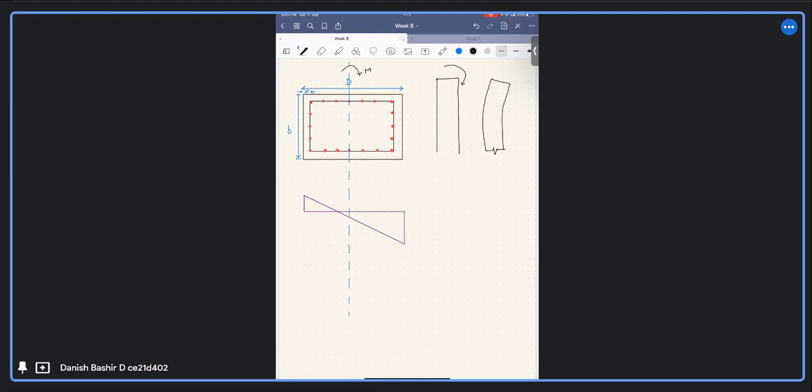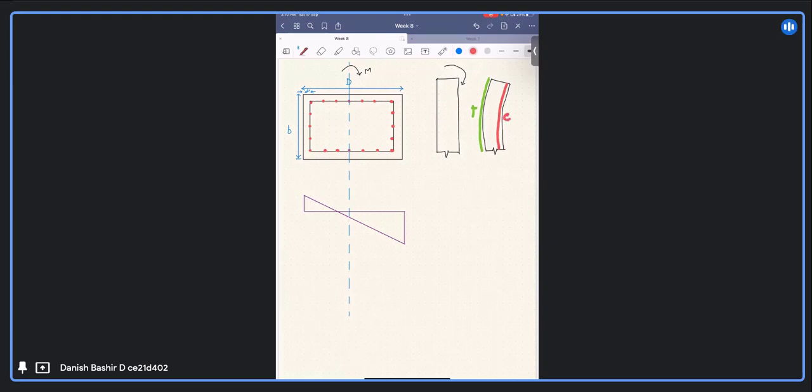So we can clearly see from this that this part will be in compression and this part will be in tension, like this.